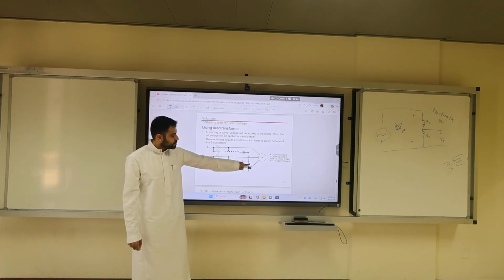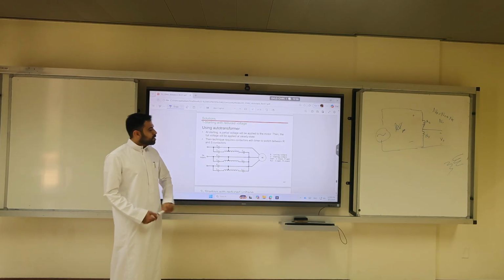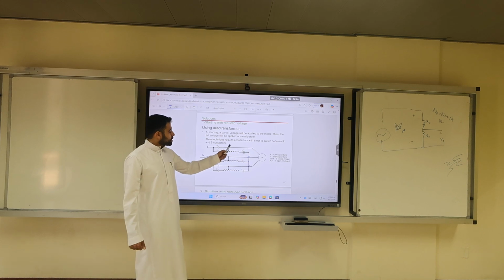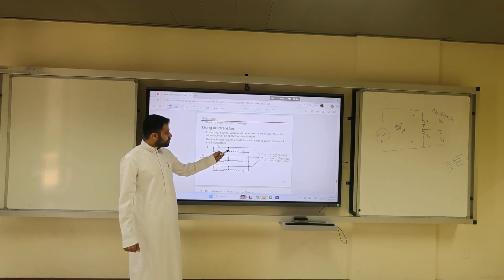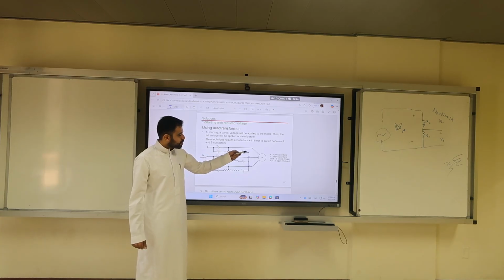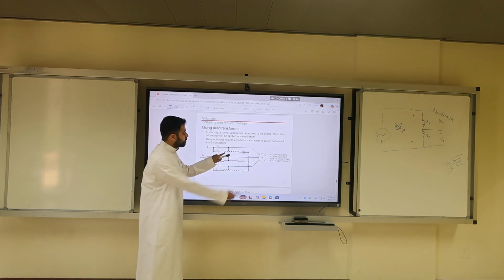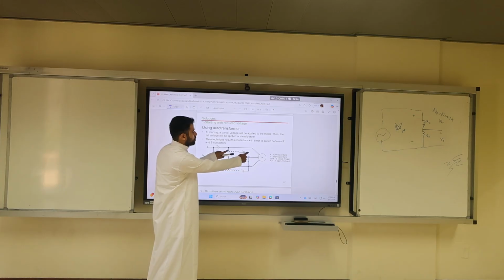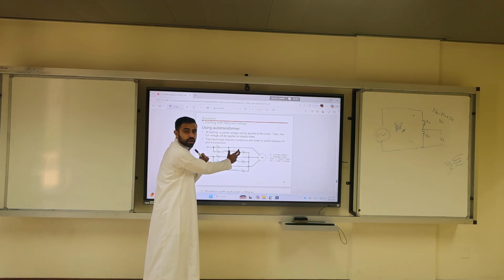Jump means these two cables jump each other. So phase A will be connected to this voltage and will be connected to the common. This is the common. So what is my voltage? That appears only on this portion of the coil. Clear?